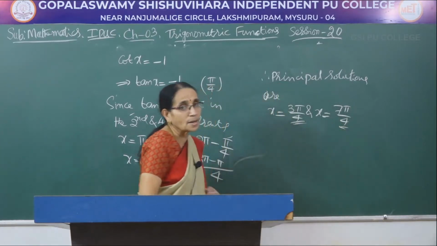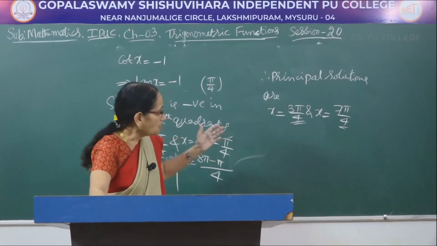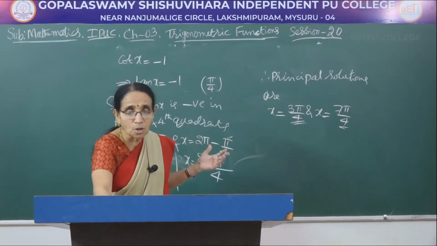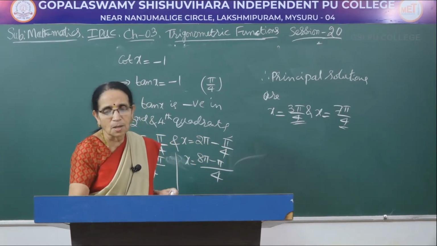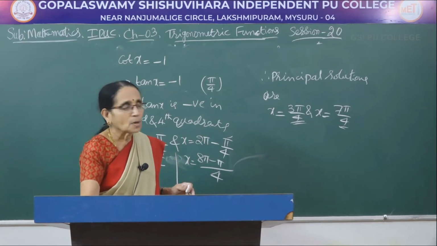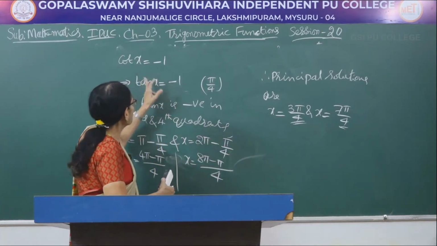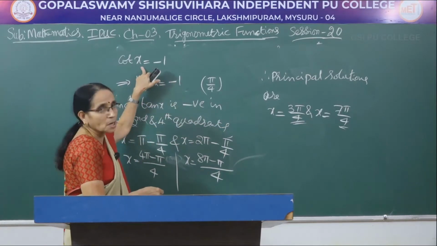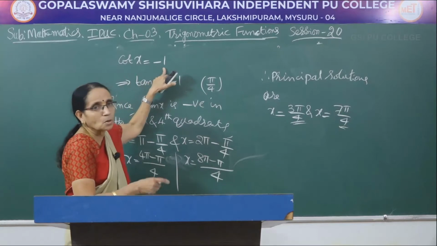So, you have to write like this. See, be careful about the sign that has been given and the corresponding value and the ratio that would be considered. So, one solution for this equation is x equal to 3 pi by 4, the other one is x equal to 7 pi by 4. So, in this equation, cot x equal to, you write any one of the values, it is pi minus pi by 4. Second quadrant, it becomes minus cot x, that would be equal to minus 1.